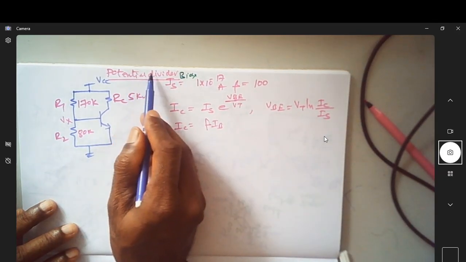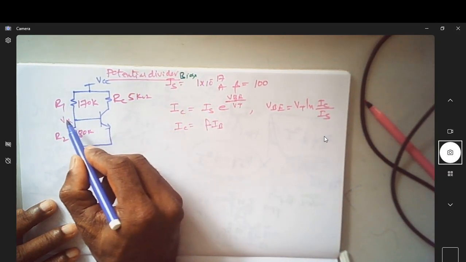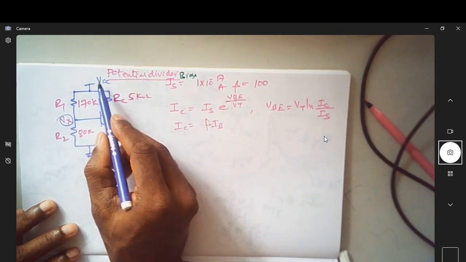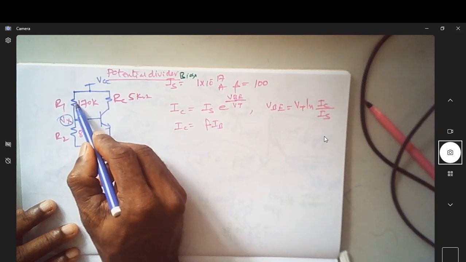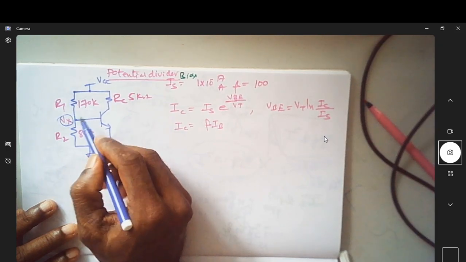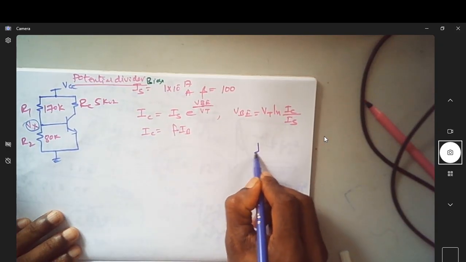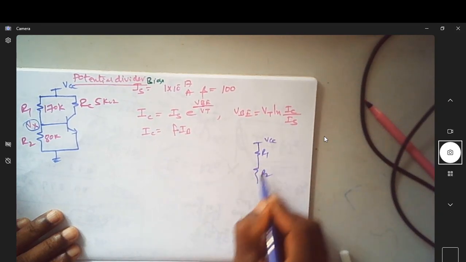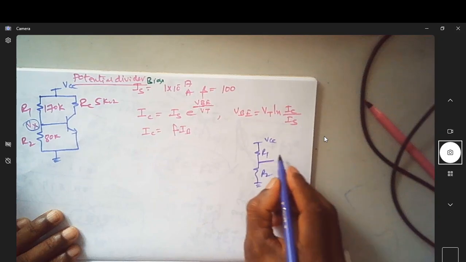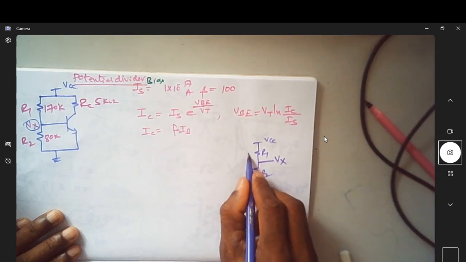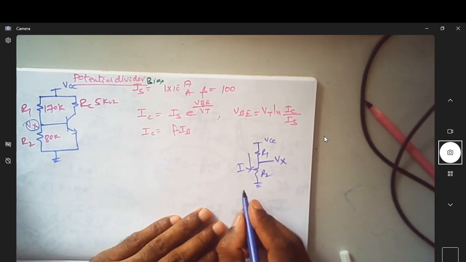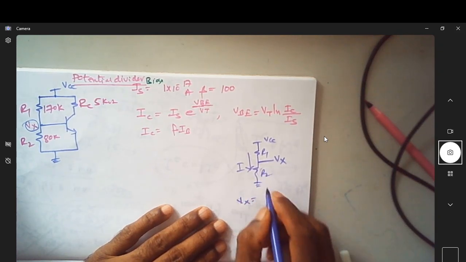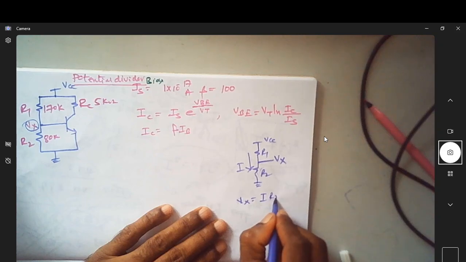The name potential divider comes from the fact that whatever voltage Vx we are writing here is derived out of this VCC. When you have two resistors in series, R1 and R2, connected to VCC and ground, if you want to know the voltage at Vx, say this is current I, then Vx is equal to the drop across this resistor R2, which is I into R2.